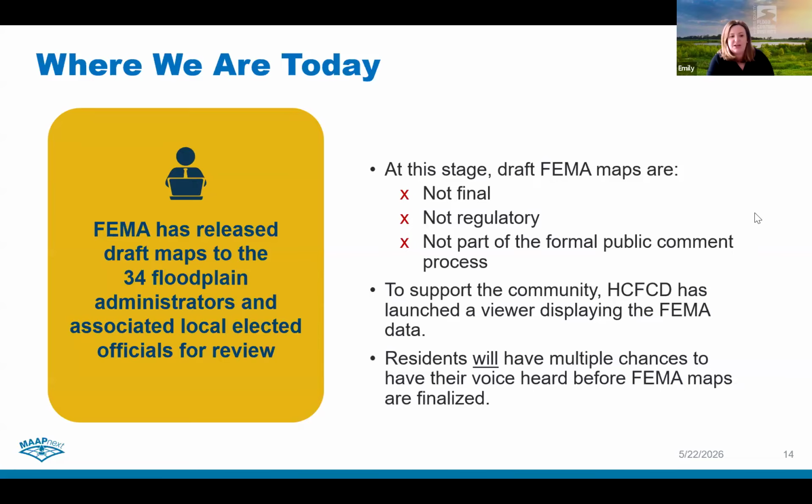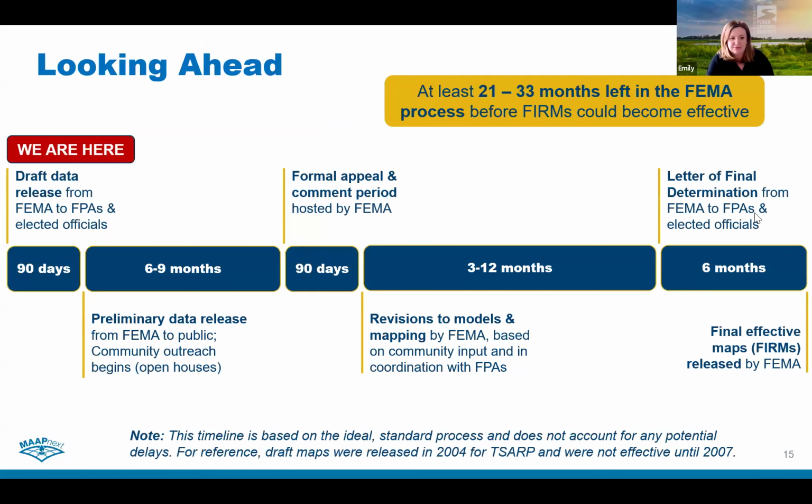So this timeline on the next slide really shows what still has to happen. As mentioned, we're currently in that draft data release stage. And after this, FEMA is expected to release preliminary data to the public. You may have heard that the government was shut down for a few months. And so FEMA has just come back from that government shutdown and is assessing timelines for next steps.